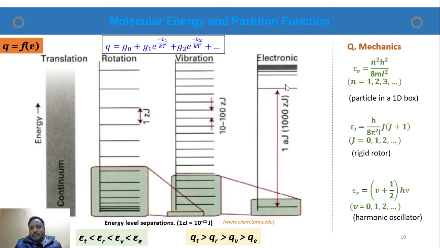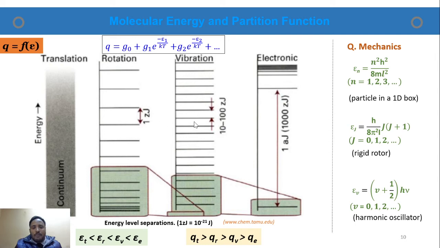On the other extreme, since the electronic energy levels are very widely spaced, at a given temperature molecules will be at the lowest electronic energy level. And so only the first term will be significant, and the rest of the terms will become 0. So Q will be equal to g0 for degenerate energy levels, and for non-degenerate electronic energy levels Q will be equal to 1.